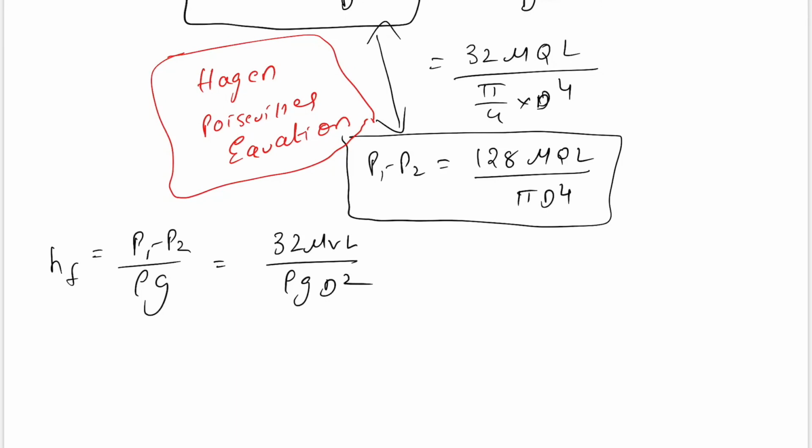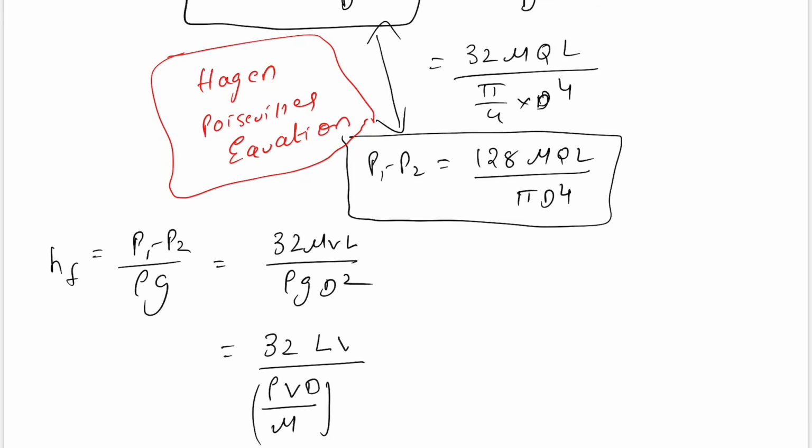Now we'll segregate terms here. We can write this as 32 L by rho V d by mu.